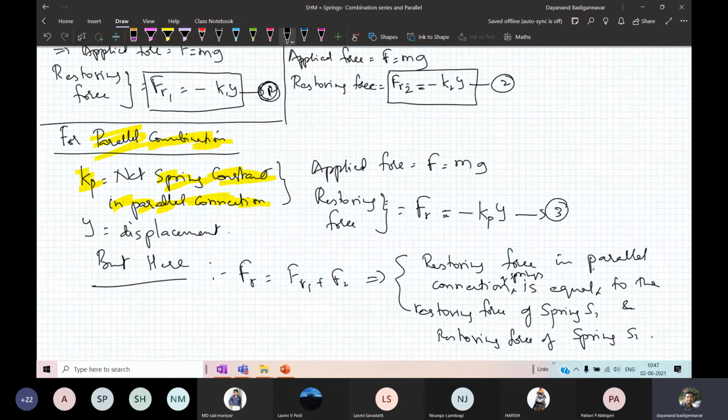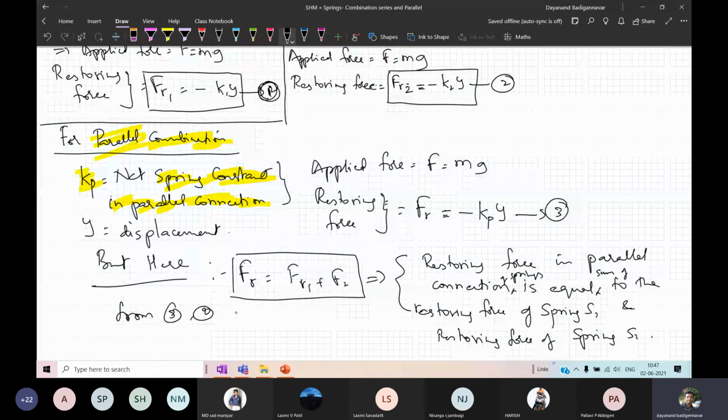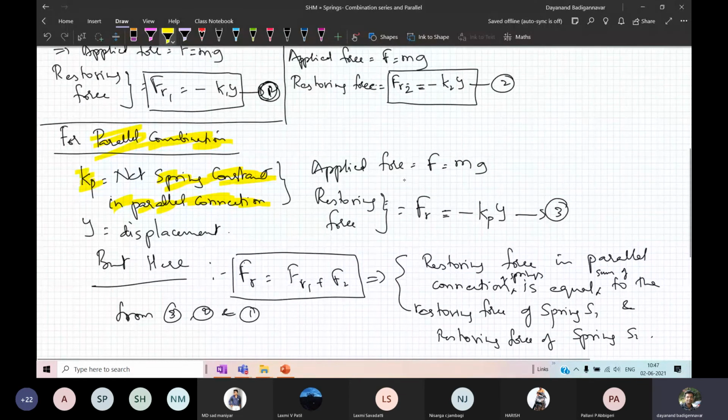Now I want to substitute Fr, Fr1 and Fr2, from equations 3, 2 and 1. Look here, from 3 I can get Fr and substitute it here.